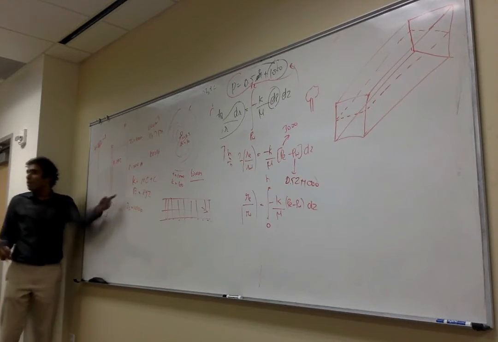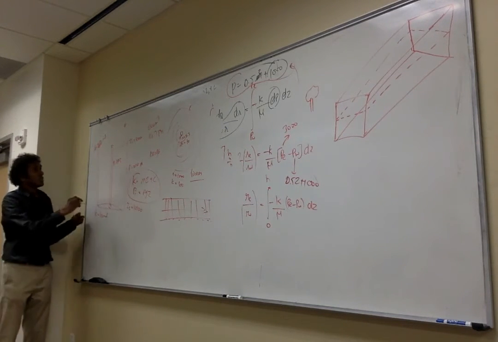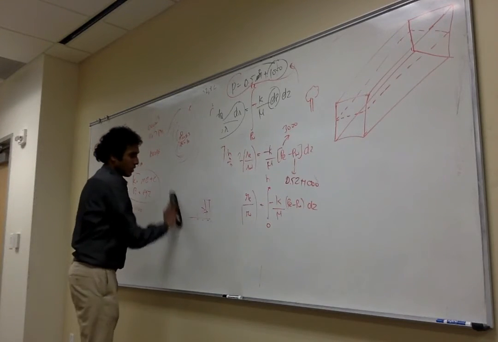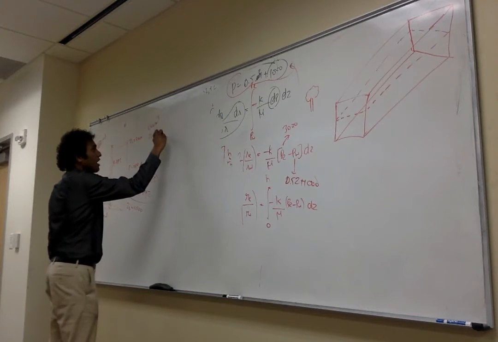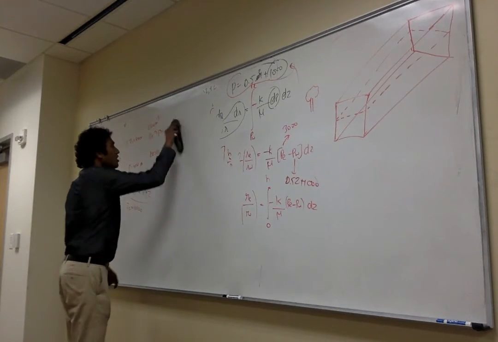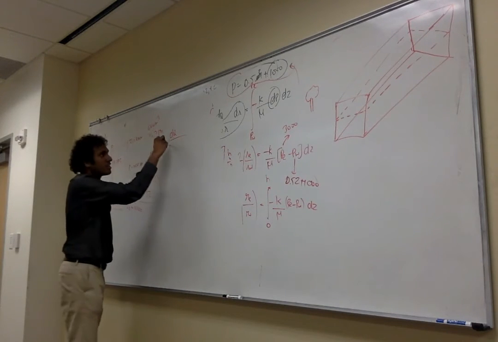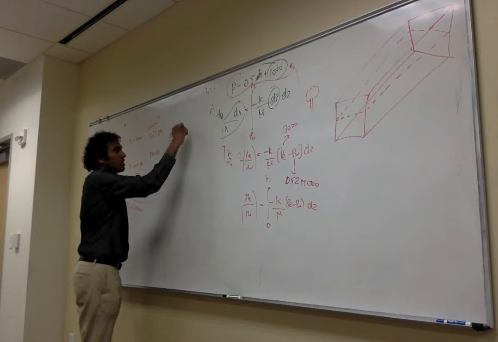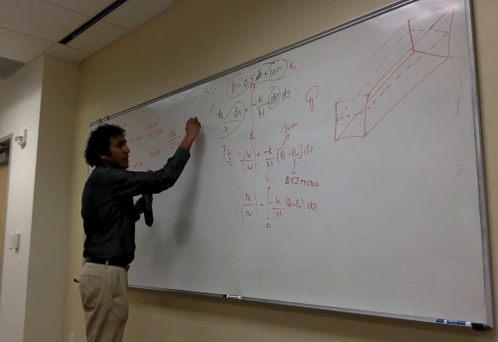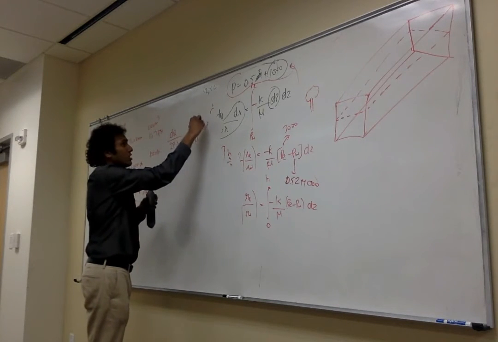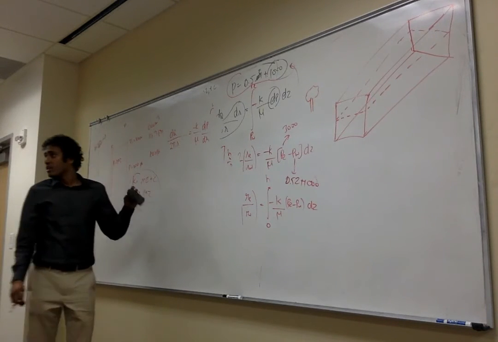Now that we have these two things, what do we need to do? Set up the equation, right? So you have dq, you have q. What do you have? You have dq equals 2 pi r dr, minus k by mu, dp by dr, right?